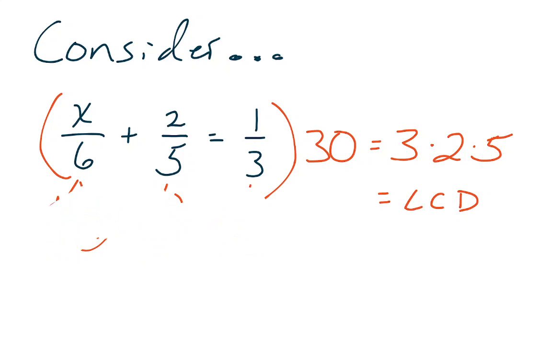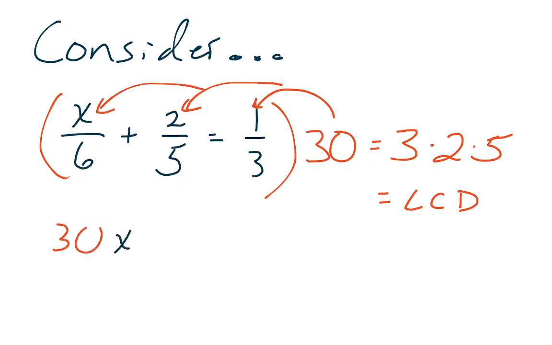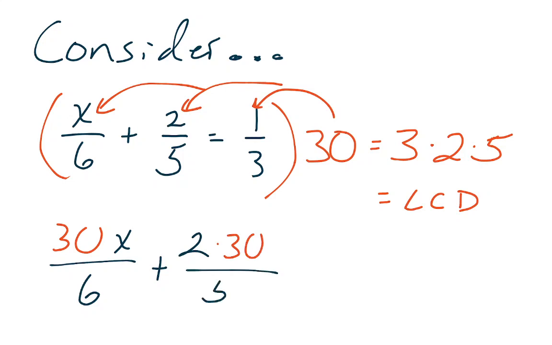But let's finish this problem. Do you remember how I said we're going to multiply by 30? And do you notice that when you do that, you actually multiply it to the numerator? That's correct. Even though it's a least common denominator, I actually multiply it to the numerator. That's how multiplication works. You always multiply to the numerator of a fraction.